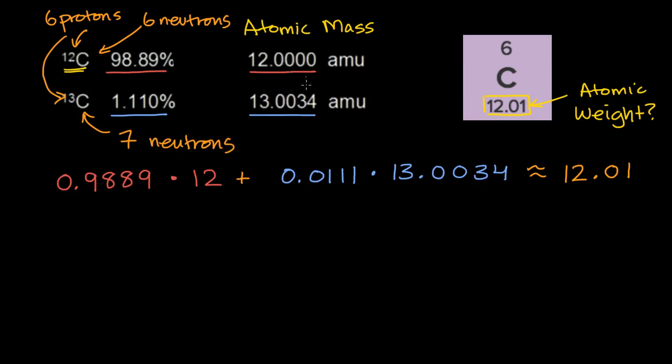So when you look at the difference in atomic mass, notice the change looks like it's plus 1.0034 atomic mass units. So from this you can see, hey, look, if I add a neutron, it's roughly equal to an atomic mass unit.